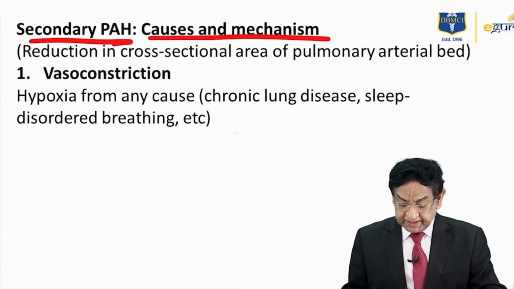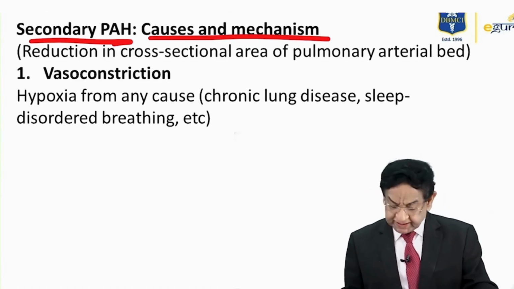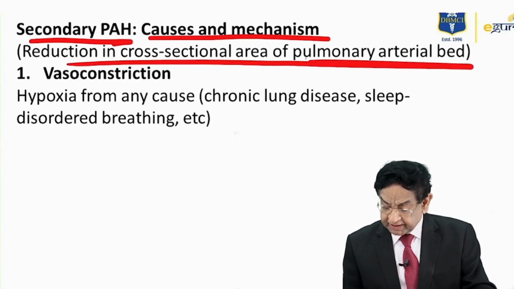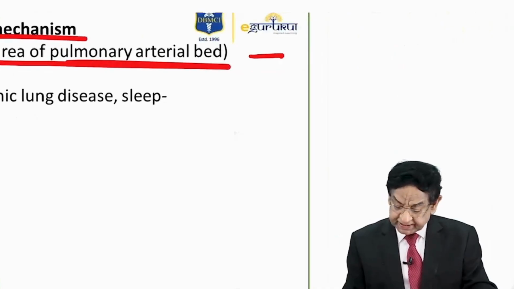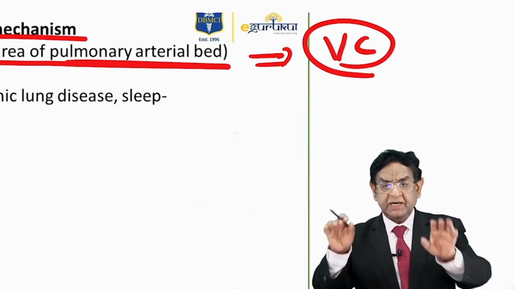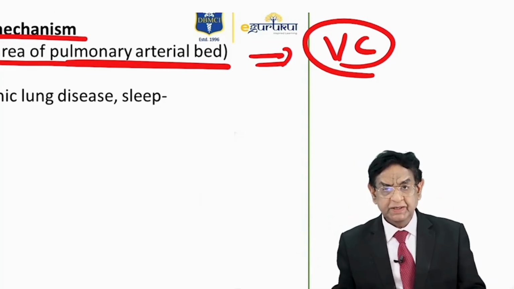In the secondary variety, what happened? The net result is again due to reduced cross-sectional area of the pulmonary arterial bed. That means pulmonary vasoconstriction occurs in the secondary variety also.